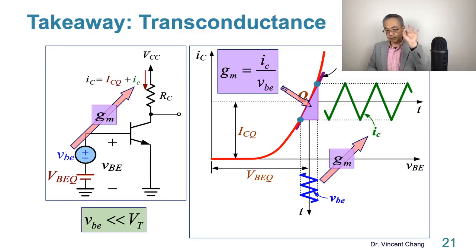Second, the GM is an AC performance parameter decided by two things: number one, the DC bias current; number two, temperature, because temperature decides the thermal voltage.